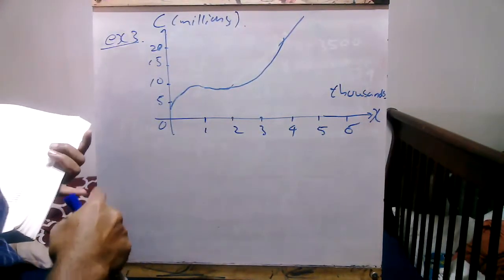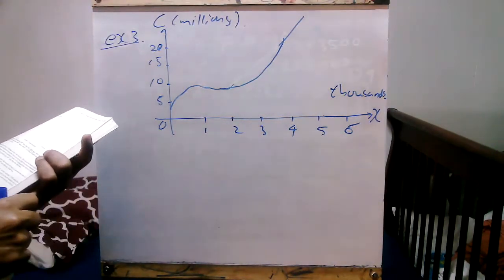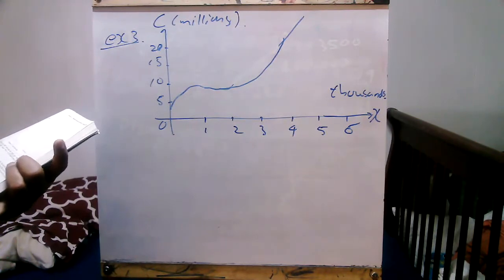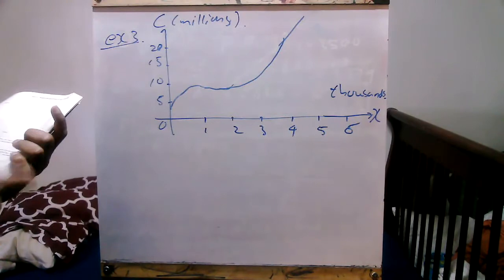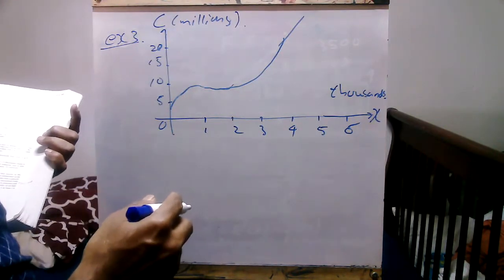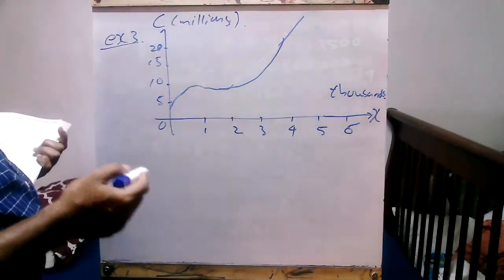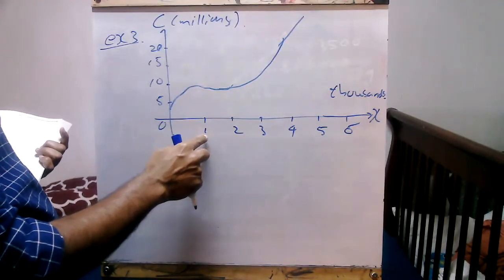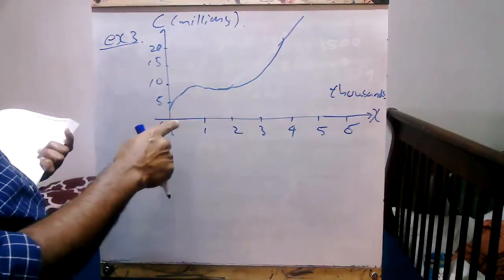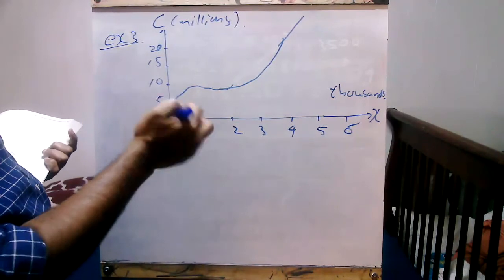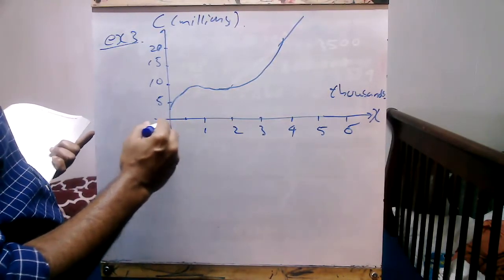Okay. Now it's asking, does it cost more to produce 500 items? Cost to produce 500 items. First we have to figure out where this 500 is. This is in thousands. So this means 1000, 2000, 3000, 4000 like that. Therefore this is 1000. 500 should be right at the middle or between 0 and 1000.